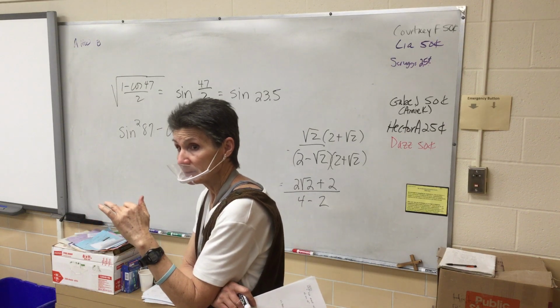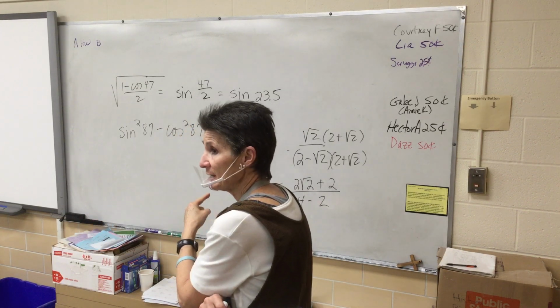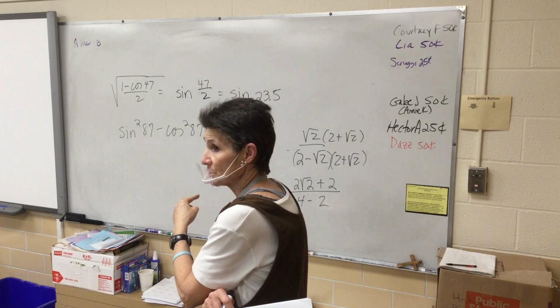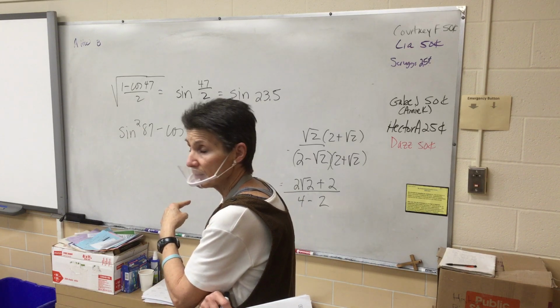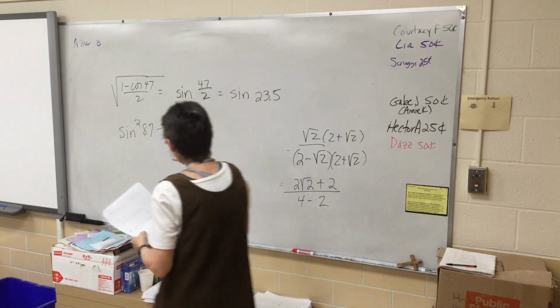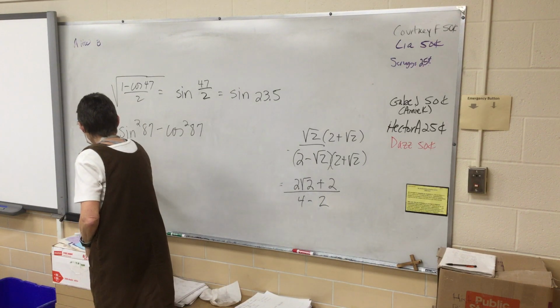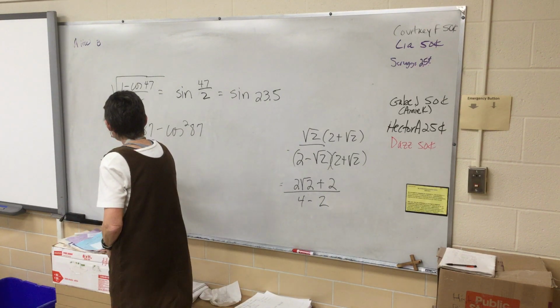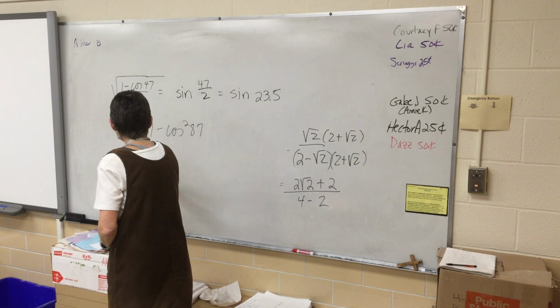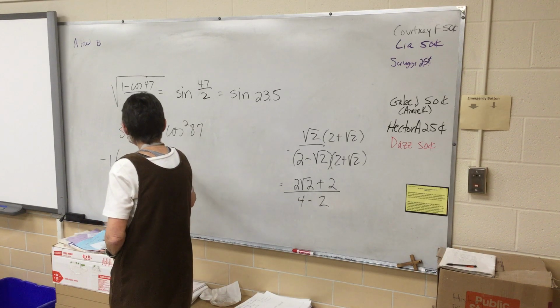Cosine 2 theta? Except what? That is backwards, isn't it? So we'll have to take a negative out, and then it would be cosine squared minus sine squared.